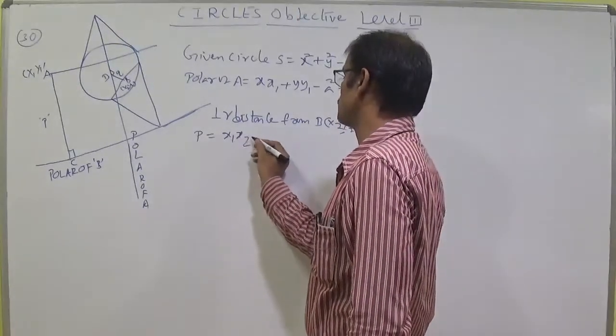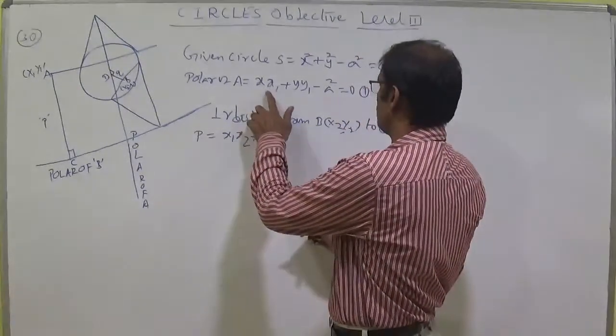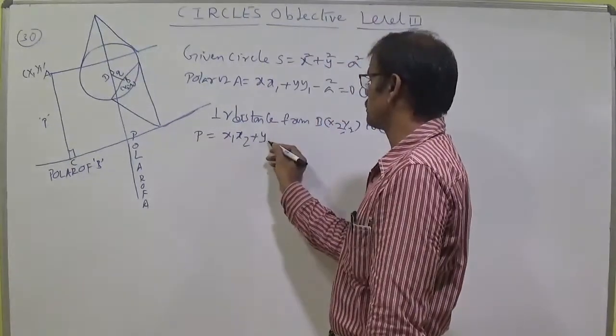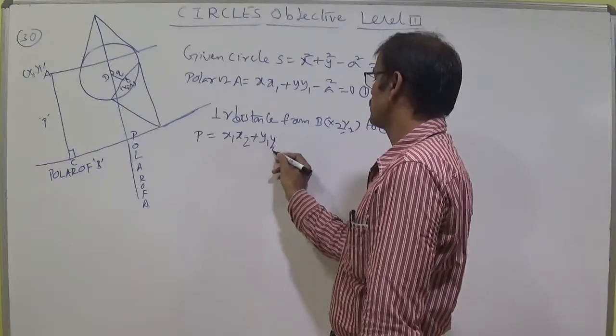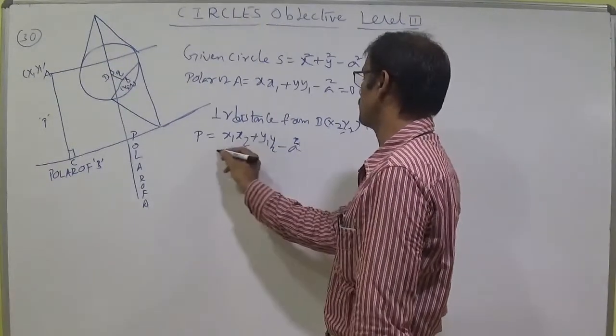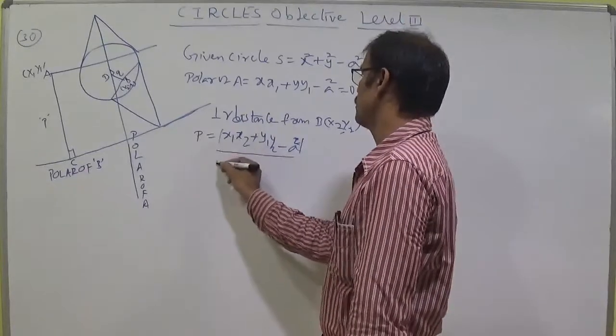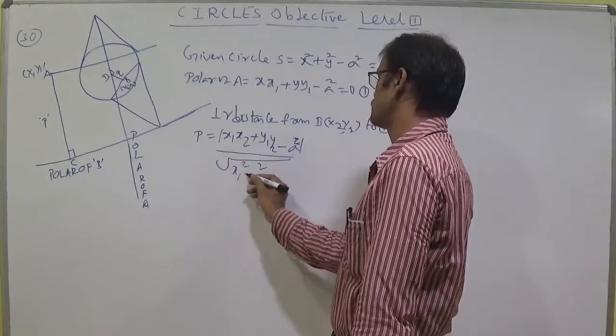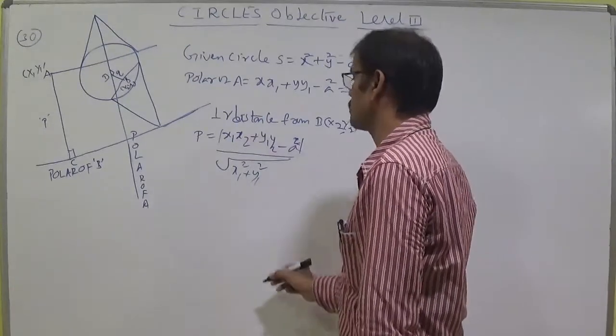Here you can put this one as x1. Whenever x is there you should put x2, whenever y is there you should put y2. x1 x2 plus y1 y2 minus a square over modulus, root of x1 square plus y1 square.